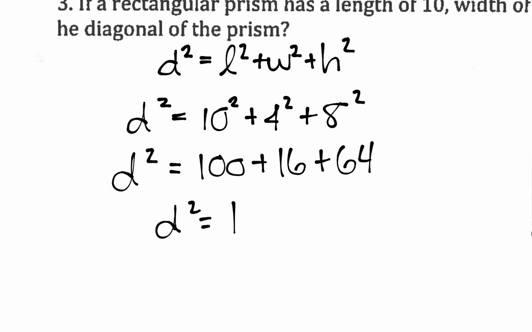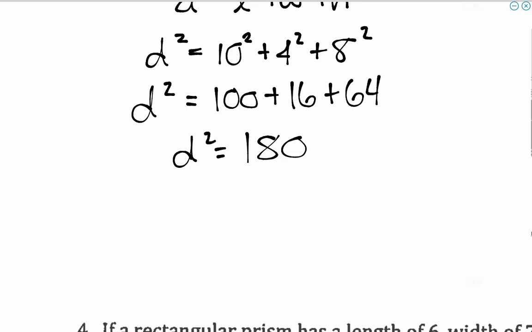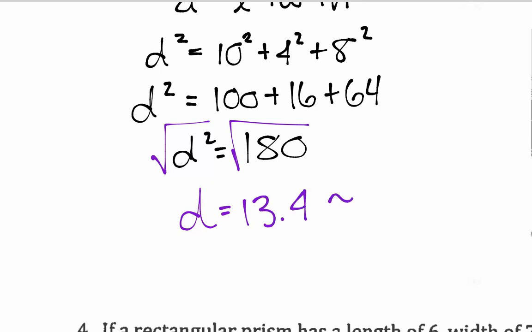So that's going to be 180. To get d by itself, we're going to take the square root. And I'm going to have you guys enter your answers rounded to the nearest whole number. So this comes out to 13.4. So about 13, you're going to round that down for me.